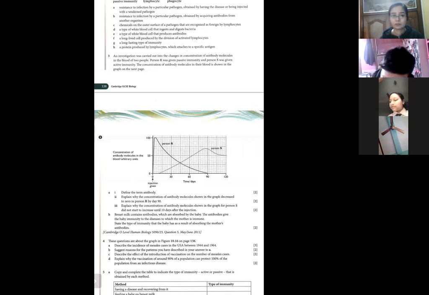Because person R was given passive immunity, which is a temporary mode of immunity. Or don't write temporary mode, which is not a long-term immunity.